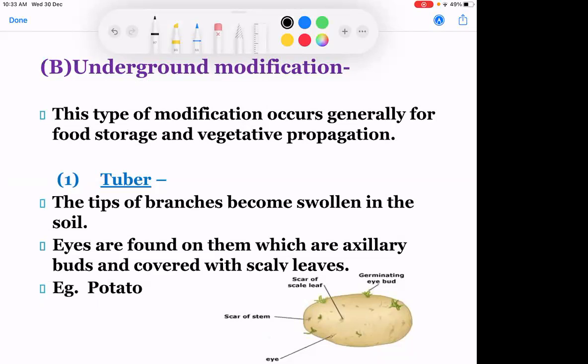Now comes a special type of modification. Just a moment.